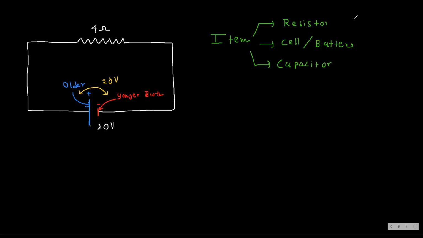Today I'm going to discuss only these parts. Later, we will discuss the capacitor part. Now, if there is no item, whether resistor, battery or capacitor, your potential does not change. Is it clear?